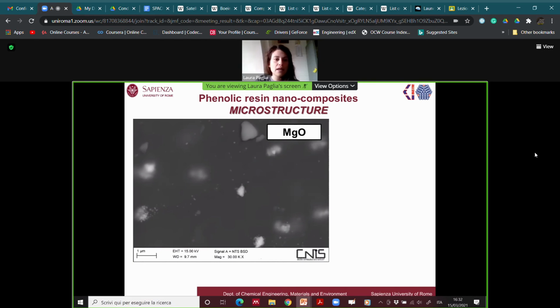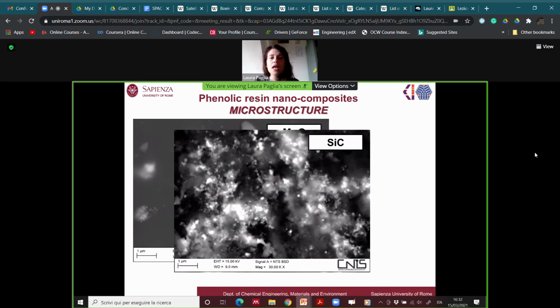We can observe that there are agglomerates of magnesia, and an area in which the magnesia is quite completely absent, even if there are some small particles that could be individuated in these micrographs. Then this is, at the same magnification, the distribution of the silicon carbide. We have macro agglomerates of silicon carbide, and areas obviously in which we have no silicon carbide.